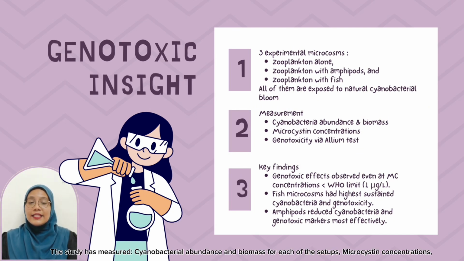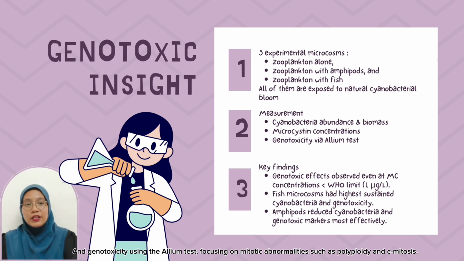The study measured cyanobacteria abundance and biomass for each of these setups, microcystin concentrations, and genotoxicity using the Allium test, focusing on mitotic abnormalities such as polyploidy and C-mitosis.